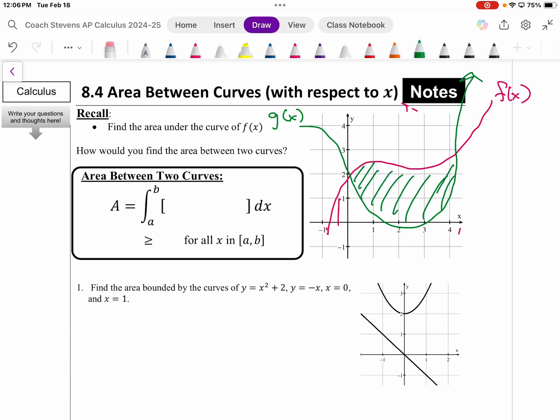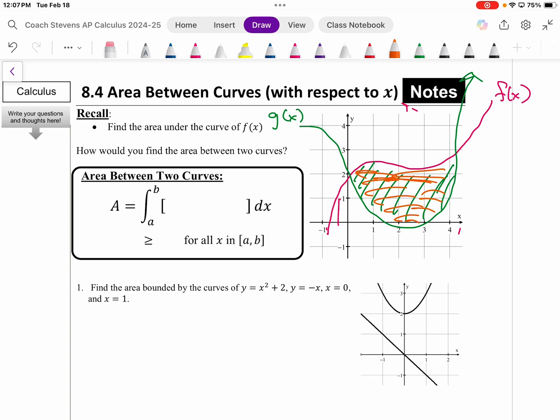What's the area between the two curves? Where is the overlap between the two? Technically the area under g is the stuff below the green line to the x-axis. So if they wanted us to find the area between the two, we find the f of x area, subtract off the g of x area, and that gives me the part between the two curves.